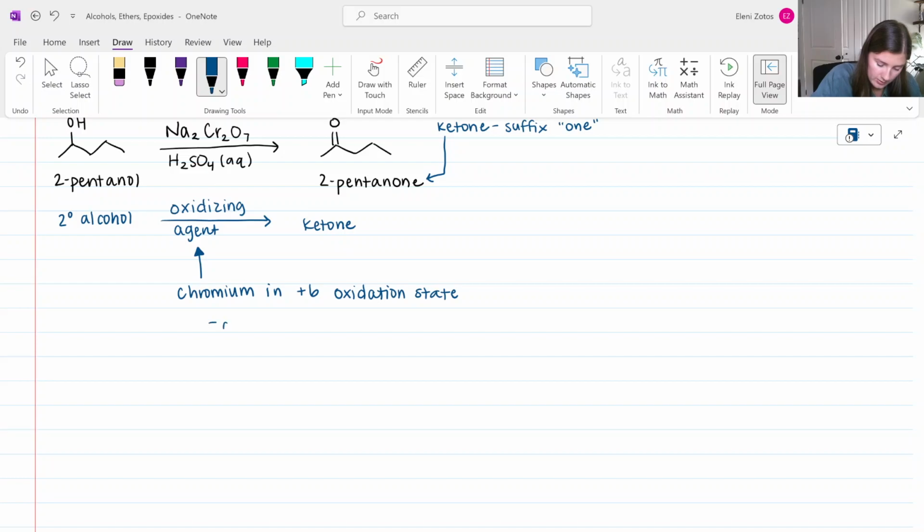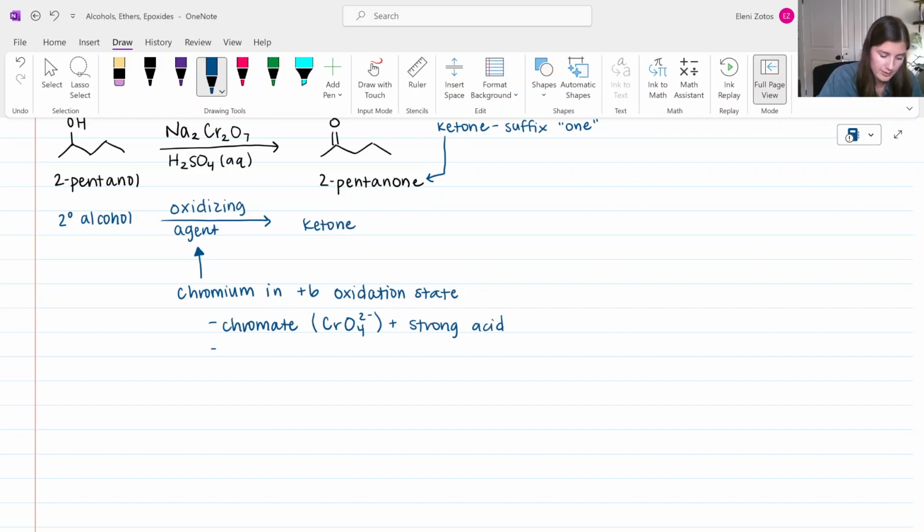One is chromate, which is CrO4 2-, plus a strong acid.